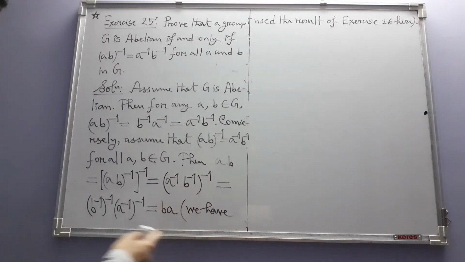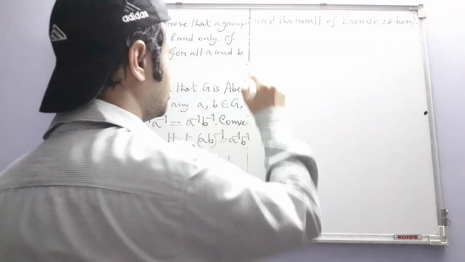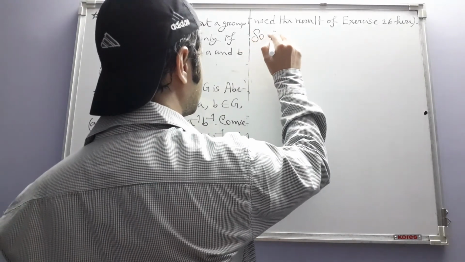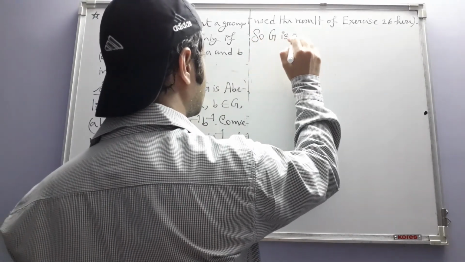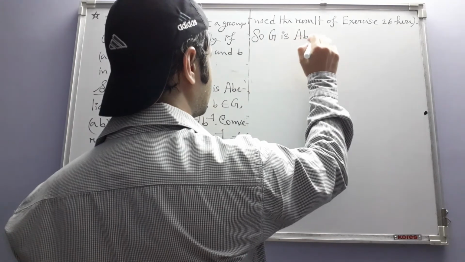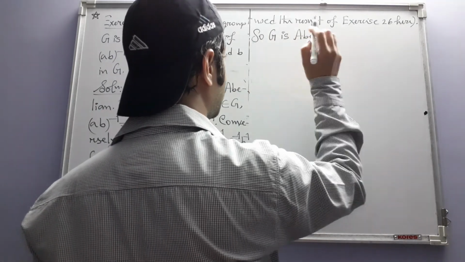So we get AB equal to BA, and that's why the group is abelian. So G is abelian.